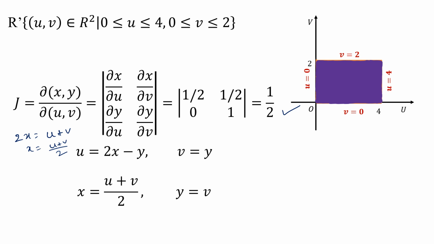Now, after performing this, Jacobian J is 1 by 2. So what can we write? dx dy is equal to 1 by 2 du dv. Here you can see the application of Jacobian as well.